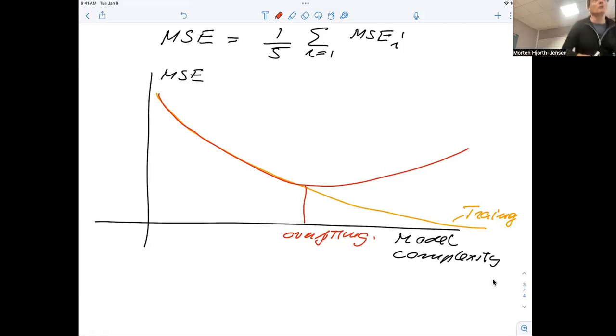Because you can make a model which is perfect on the training data. So you can train to perfection. If you do a polynomial fit, you can just increase the polynomial complexity, and you can have every point in your model go through the data points which you want to reproduce.